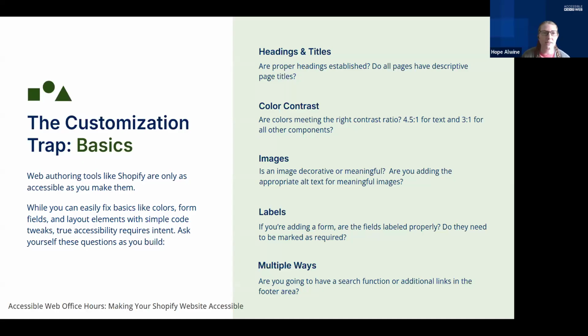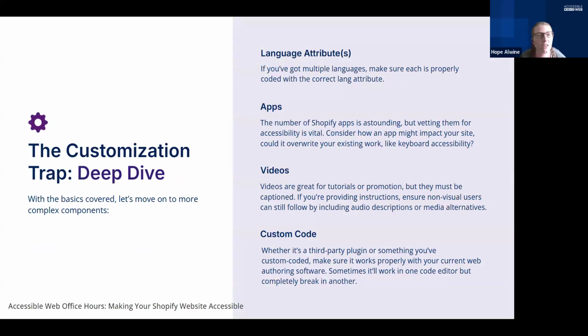All right, moving to our next slide, we're going to do the customization deep dive. So with the basics covered, let's move on to more complex components. So the first one I have on here is the language attribute. If you've got multiple languages, make sure each is properly coded with the correct lang attribute. It may seem trivial, but I've seen multiple sites where it isn't defined for whatever reason, but think of it this way.